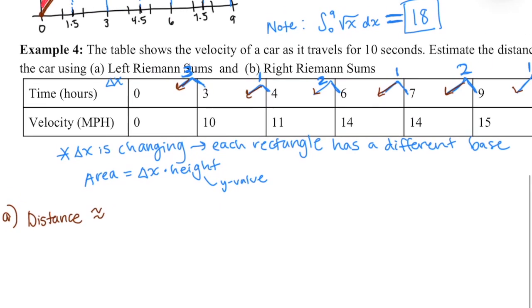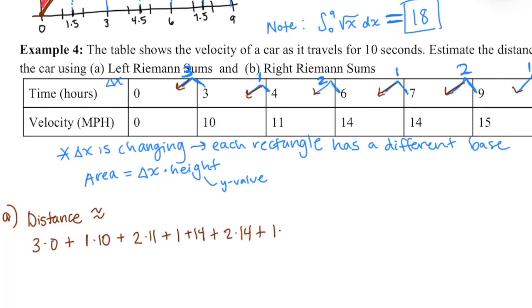So the area of the first rectangle: the base is equal to 3, and the height is equal to 0. The second rectangle we would make has a base of 1 and a height of 10. The third rectangle has a base of 2 and a height of 11. And so on and so forth.